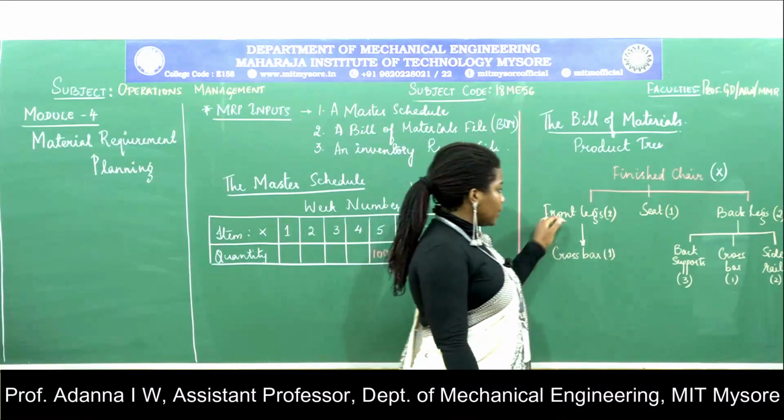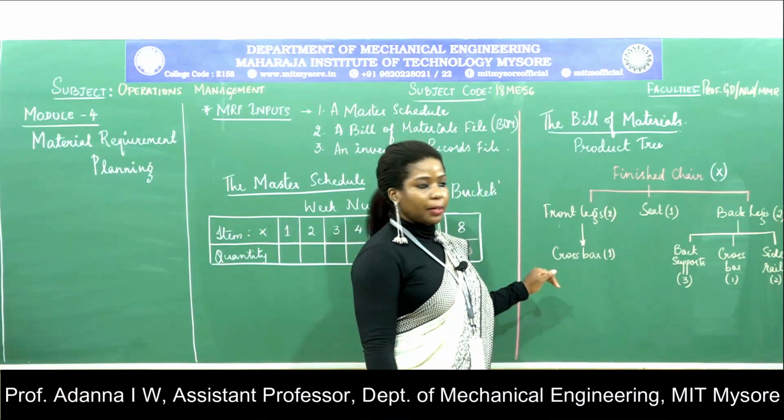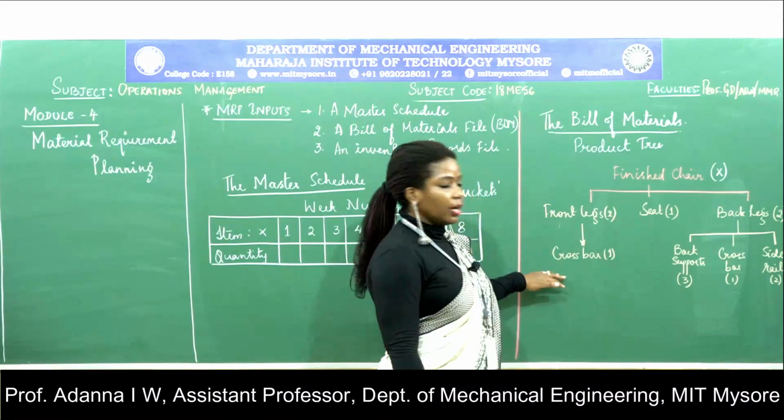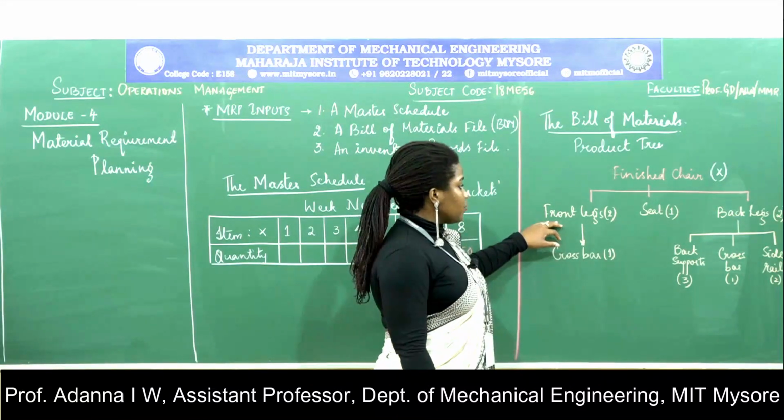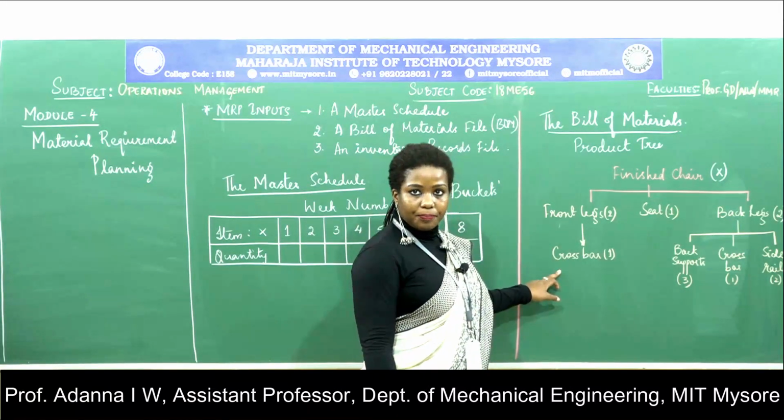Okay. So further if you see in the MRP, it will break this again. 2 front legs will be joined by 1 crossbar.